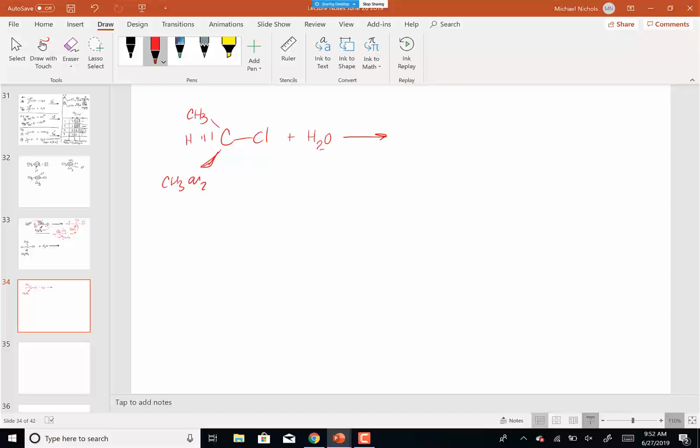Okay, I'm going to break the bond with the carbon and the chloride, and what am I going to make? A carbocation. Then if this was a negatively charged nucleophile, that negatively charged nucleophile would come in, react with the carbocation, and the reaction would be over.